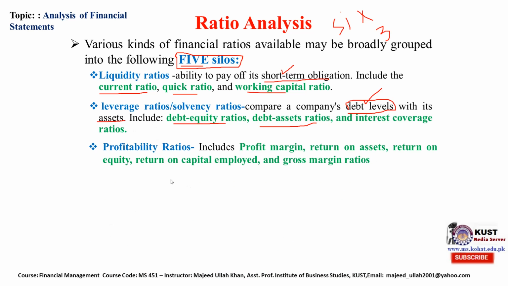There may be other ratios as well, such as times interest earned, but we will discuss them later. Profitability ratios include profit margin, return on assets, return on equity, return on capital employed, and gross margin ratio.